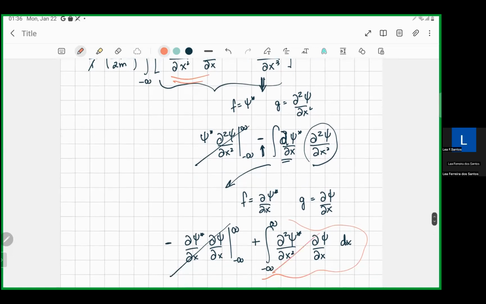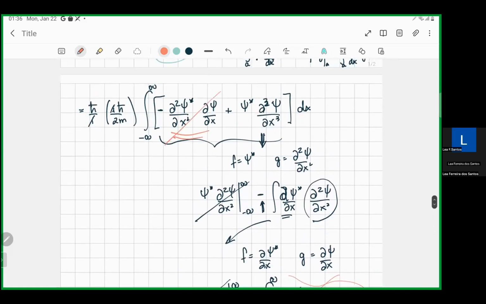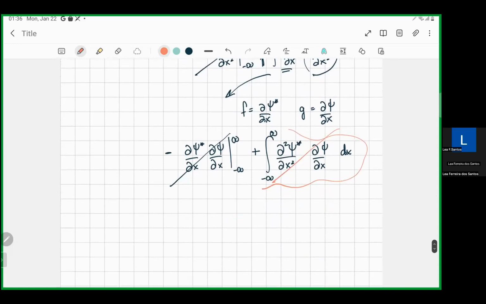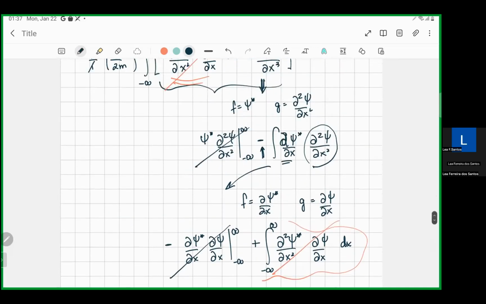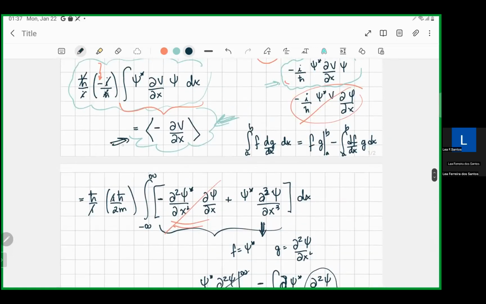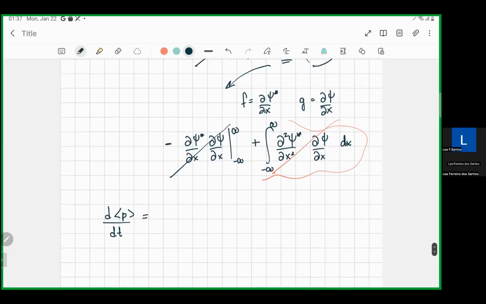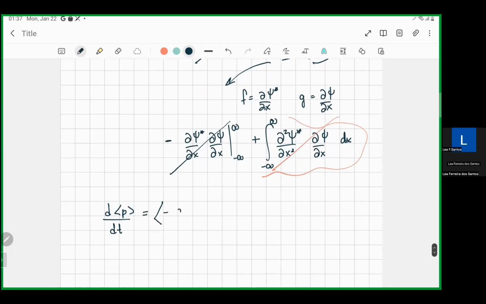So we now see that this one and this one cancel. So finally, we got what we wanted. What is it that we wanted? To show that the derivative of the expectation value of momentum is indeed equal to this term here. All the others disappeared, which is the expectation value of minus the derivative of the potential energy. So this is what we wanted to show, and we are done.